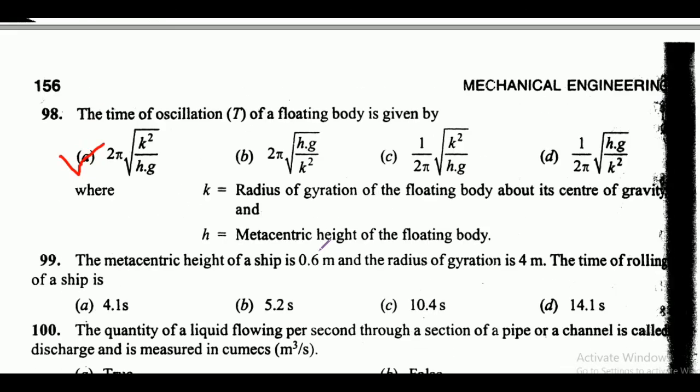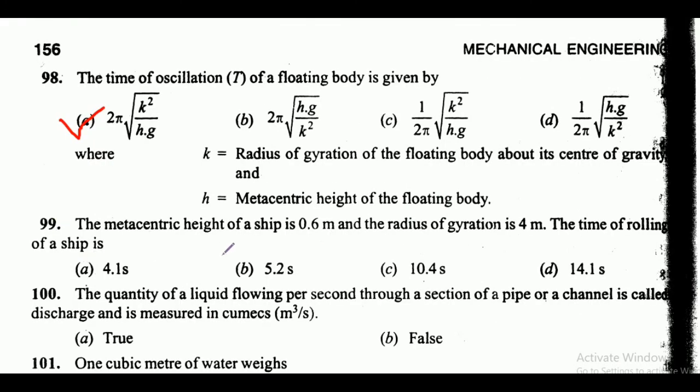Next is here the metacentric height of a ship is 0.6 meter and the radius of gyration is 4 meter. The time of rolling of a ship is. Here friends, these are the options where correct answer is option C, that is 10.4 second.